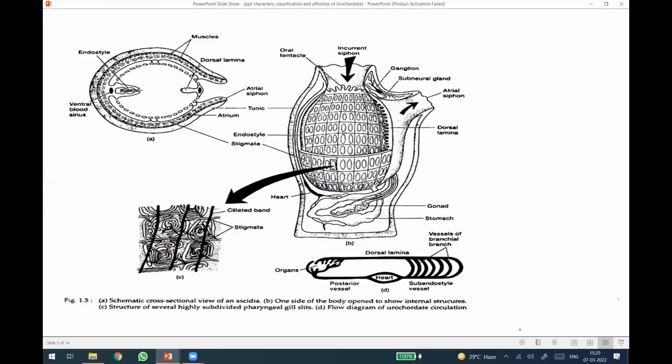These are the vessels of the branchial branch. These are supposed to be like those in chordates. Probably they convert into the gill rachis and gill filaments. So this is the diagrammatic representation of the structure of Urochordata.